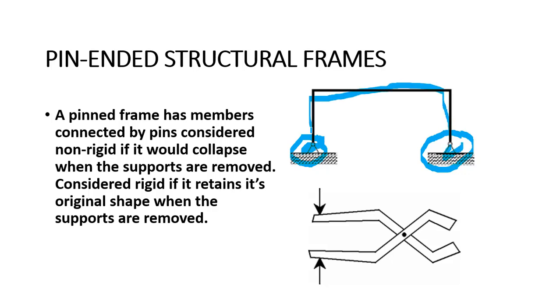That is what is called the pin-ended structure. It is considered rigid if it retains its original shape when the supports are removed. So these are the supports. Even if they are removed, it is still the same shape. That is why it's called the pin-ended structural frames. If you want to know further, later on I will link you to the YouTube. Nanti saya akan compile, tapi saya tak masukkan dalam Mi Future lagi. Later on I'll masukkan.